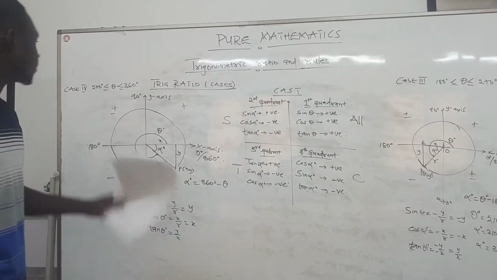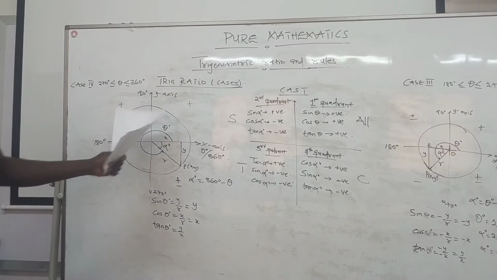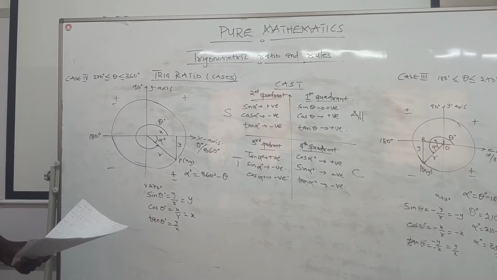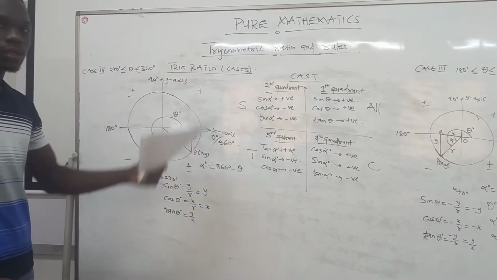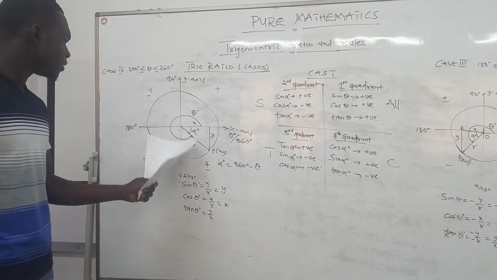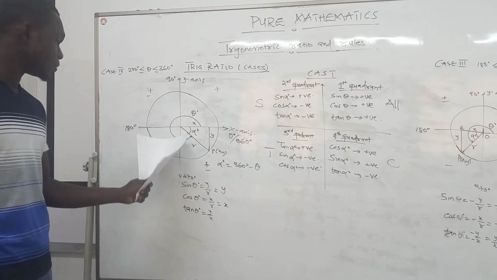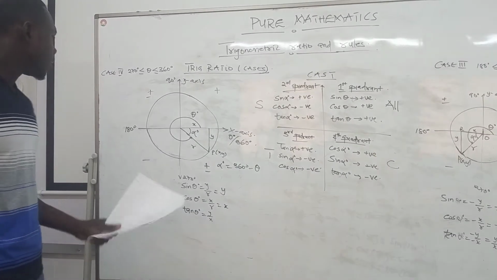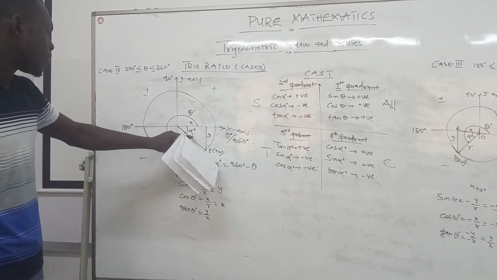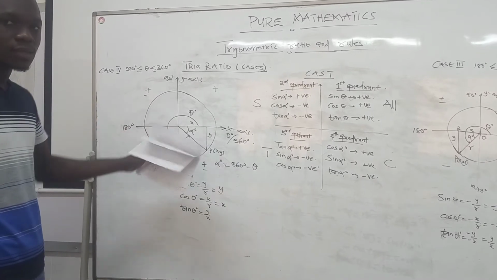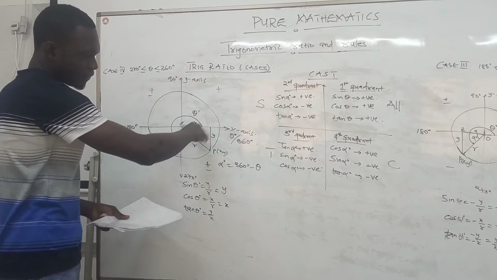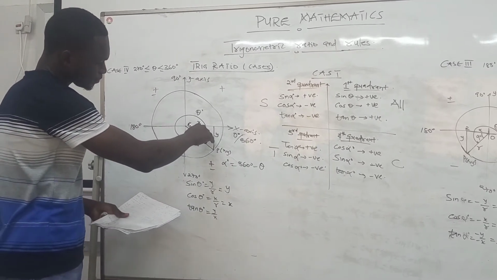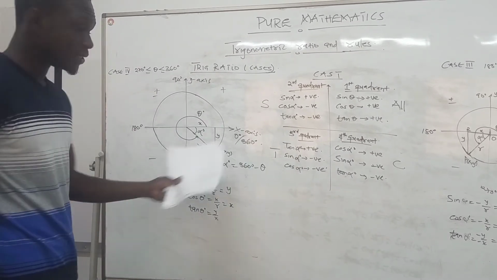Finally, the case 4. With the case 4, the angle is formed between 270 degrees and 360 degrees, and we can find out that our angle alpha, or the right angle triangle, is formed at the fourth quadrant, which lies between 270 degrees, as I said earlier.